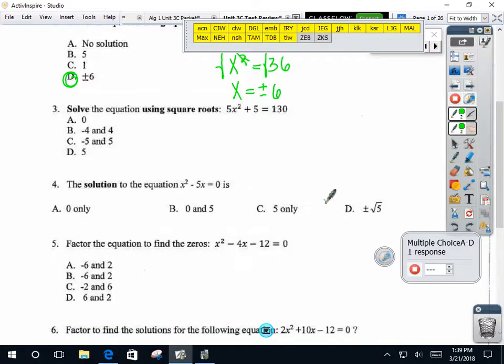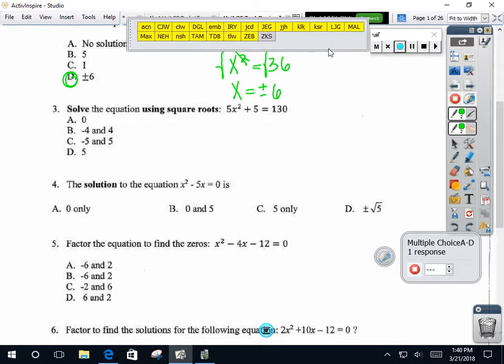Okay, we're waiting on just a couple of people to answer 3. Who's this other one? Well, just guess.